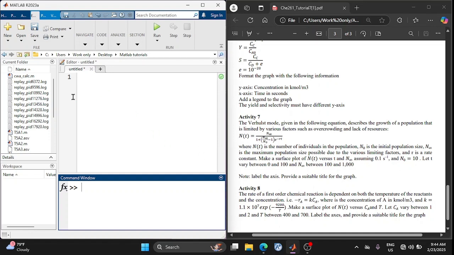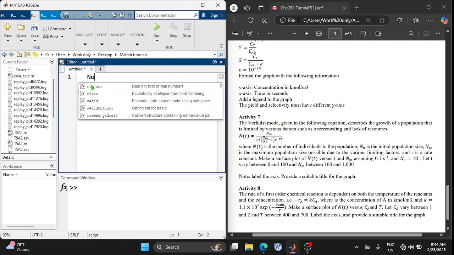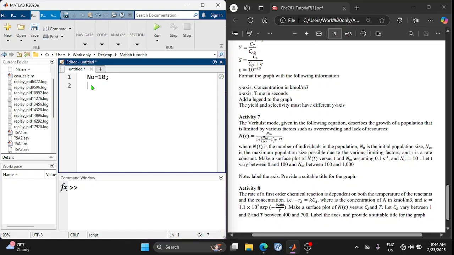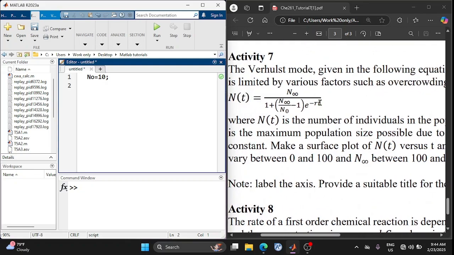They gave us the N naught, which is equal to 10. And the question also gave us r. It might not have explicitly written r over there, but the unit is per second. It said assuming 0.1 per second. And t is going to be in seconds.